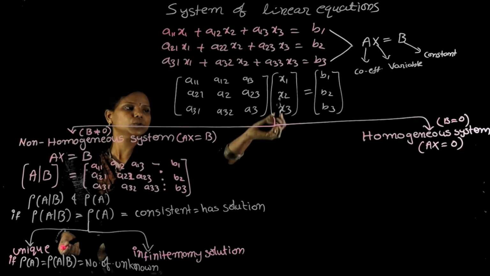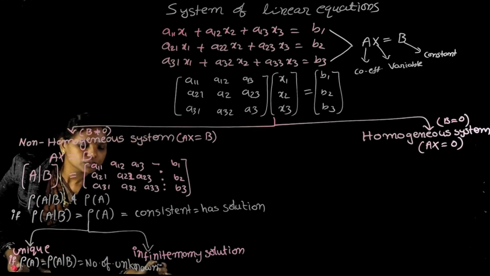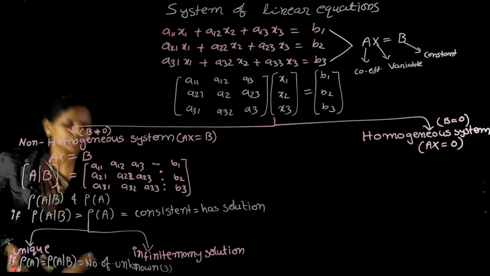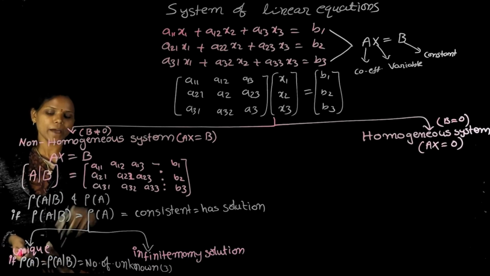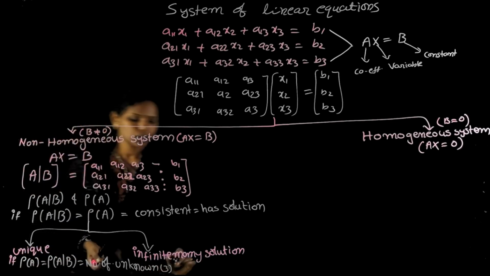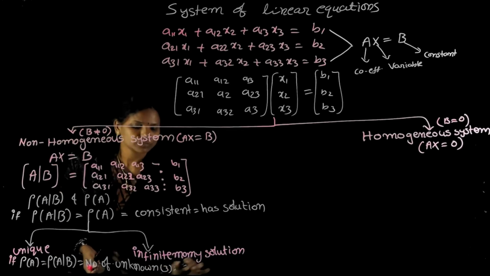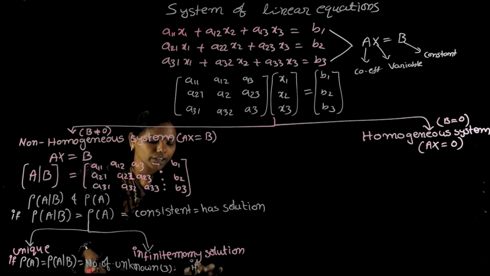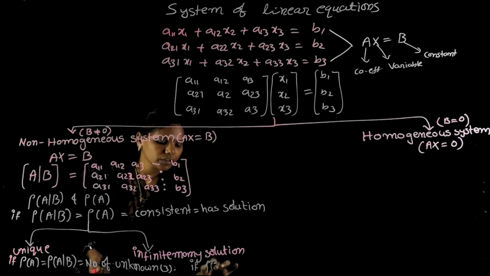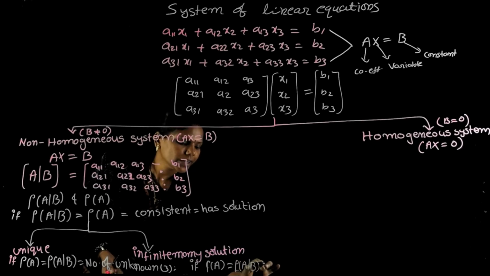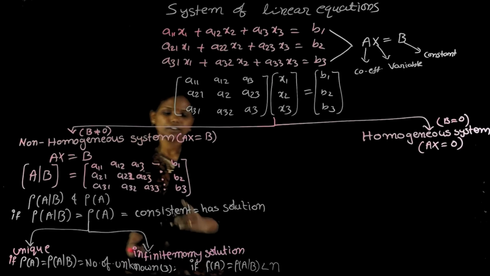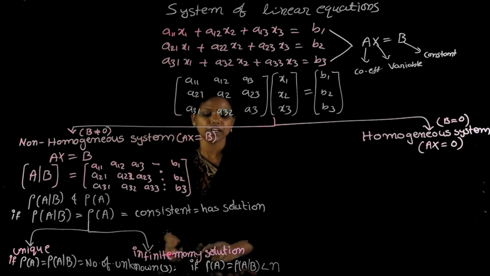We have 1, 2, 3. So 3 here. Then in this situation, this system has unique solution. Otherwise, if rank of A is equal to rank of AB less than number of unknowns, then this system has infinite many solutions.